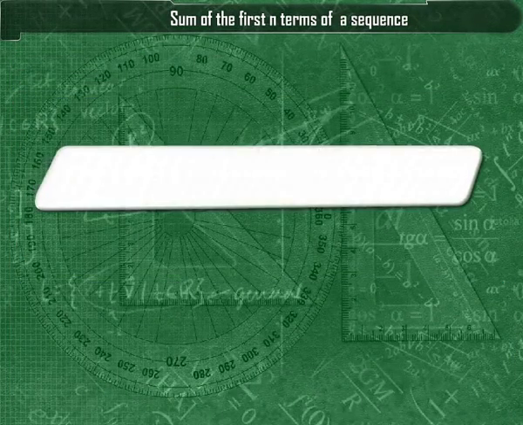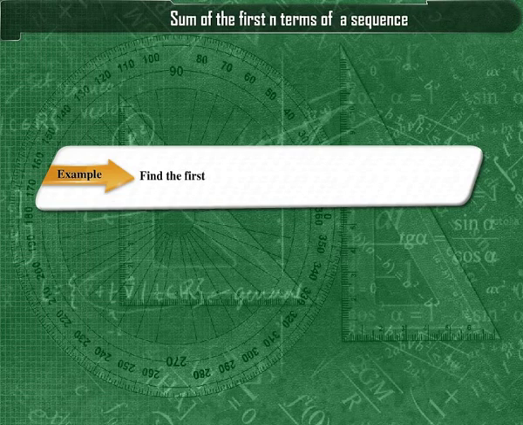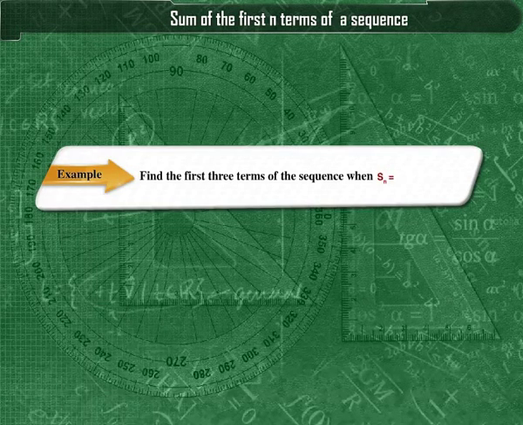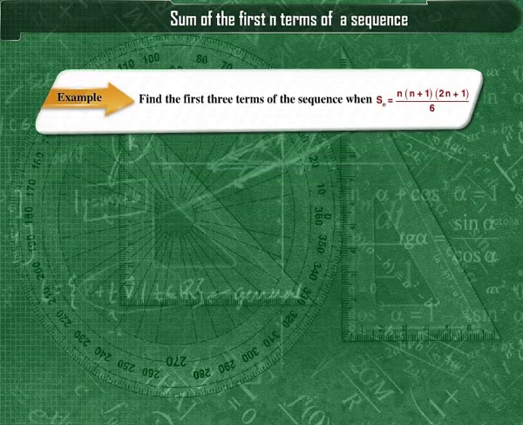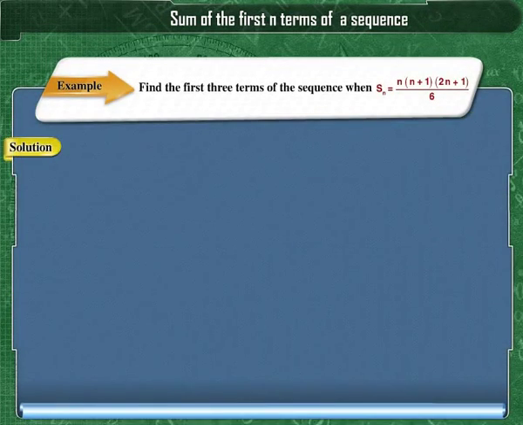Let us solve an example to find the first 3 terms of the sequence when Sn is given as n into n plus 1 into 2n plus 1 upon 6. First, let us find S1, S2 and S3.